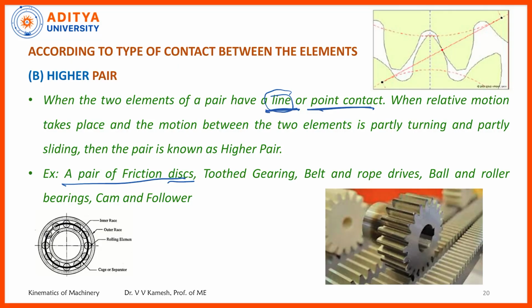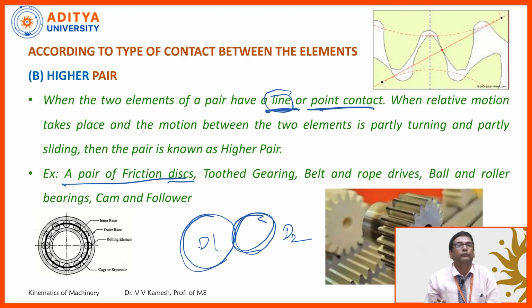Observe a pair of friction discs. Let me initially take two discs. This is disc number 1, this is disc number 2. My left hand has one disc, the right hand has the second disc. Now they are in contact with each other.